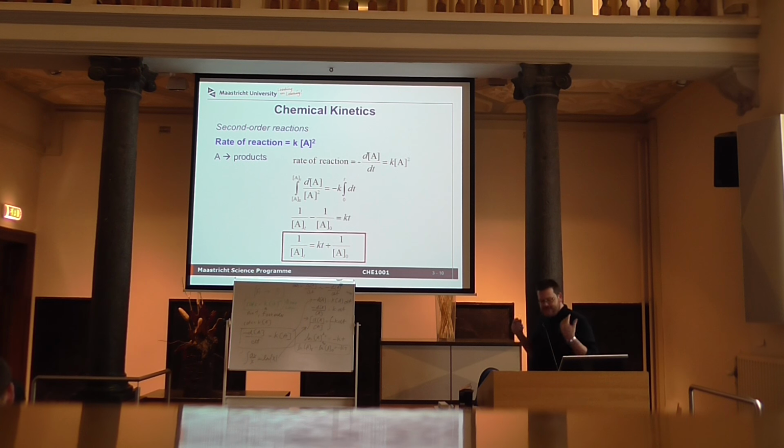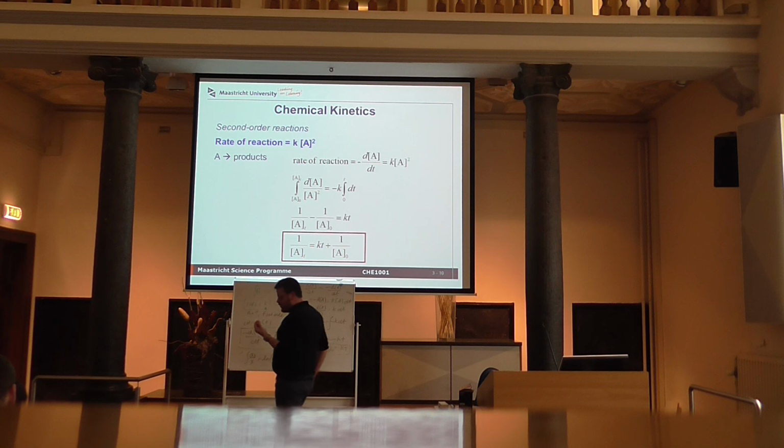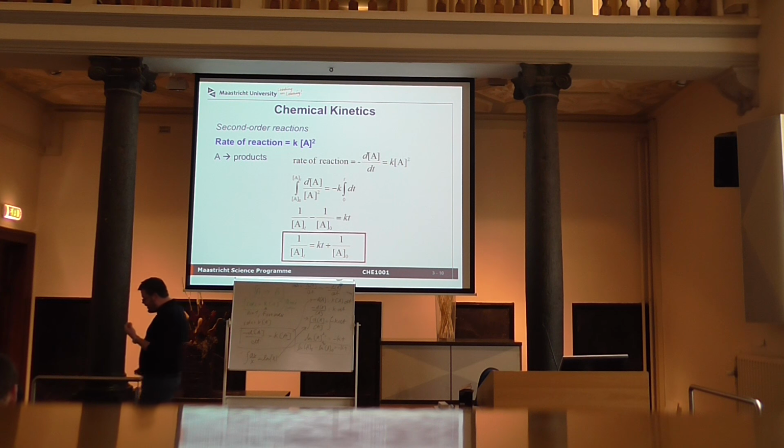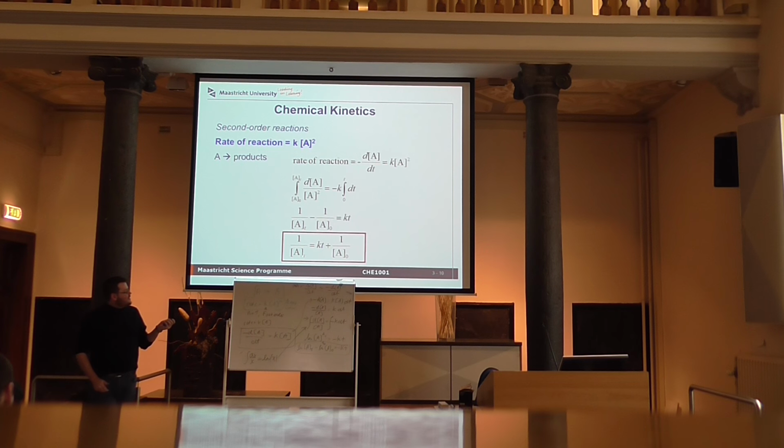Alright? Why is this important? Again, if you have the integrated rate law, you know the order of the reaction, you can mathematically determine the concentration of something at a certain time t, if you know the rate constant, or vice versa. If you know the concentration at some time t and the starting concentration, you can work back and determine the rate constant, k.